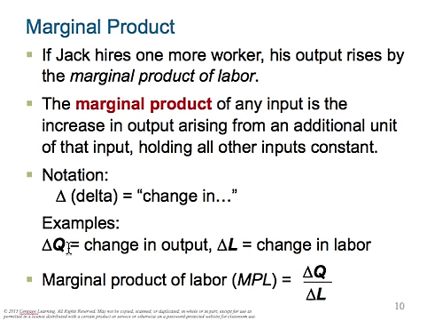So you'll hear me say change in quantity, change in labor, and you'll understand that this delta means a change in. Marginal product of labor, often abbreviated MPL, is simply the change in quantity over the change in labor. How does quantity change when you change the number of people you hire?